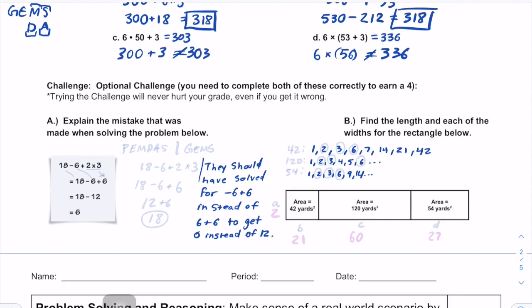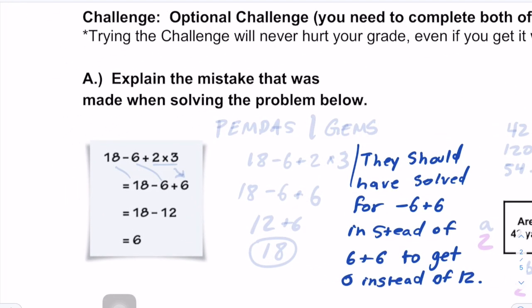I do see that there are a few operations here, so my recommendation is to solve it the way you normally would with what you were taught. Once again, this is either PEMDAS or GEMS. I'm going to write this problem, 18 minus 6 plus 2 times 3. I know that there are no parentheses. I don't see any exponents.